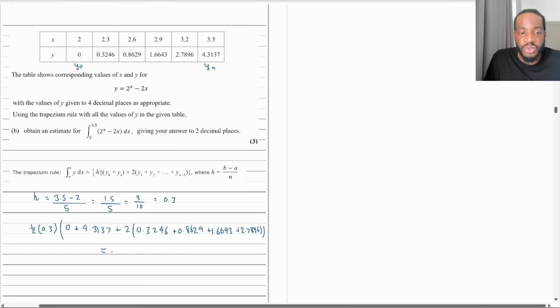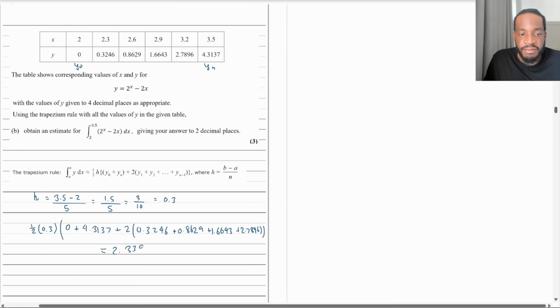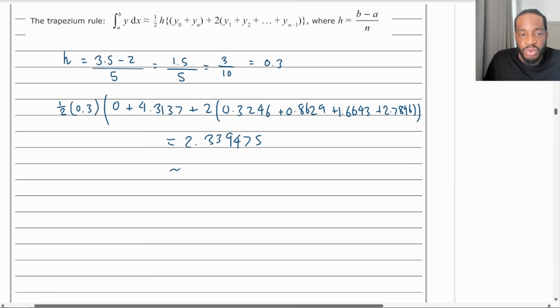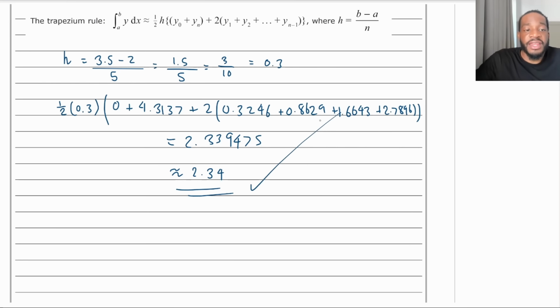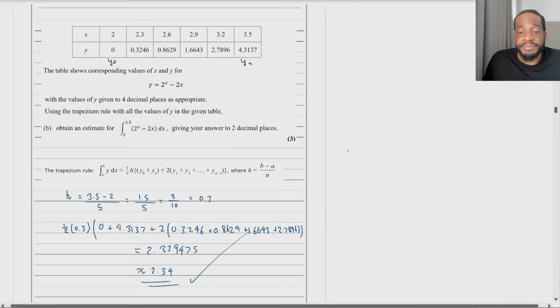So this is equal to 2.339475975. To 2 decimal places, that is going to equal 2.34. And that is it. That will give you the 3 marks.